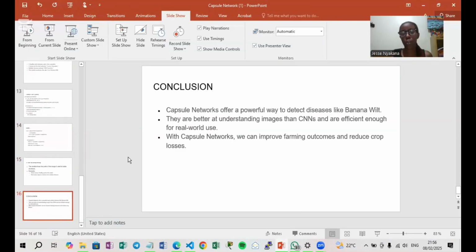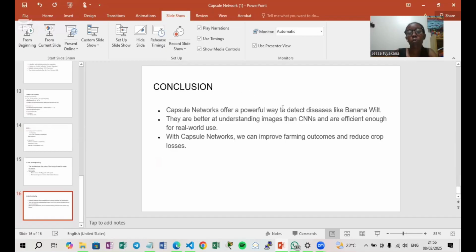So going back again to our presentation. As we are concluding, we are just going to give a few remarks about capsule networks. Capsule networks offer a powerful way to detect diseases, not just plant diseases but also human diseases with other models.